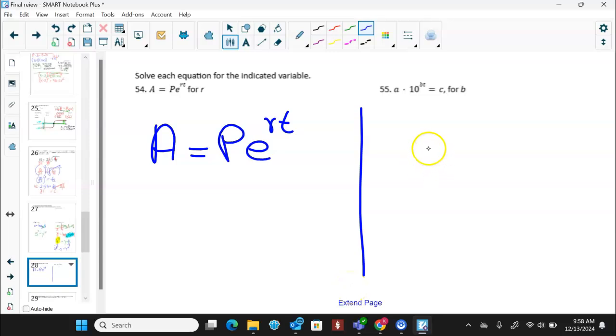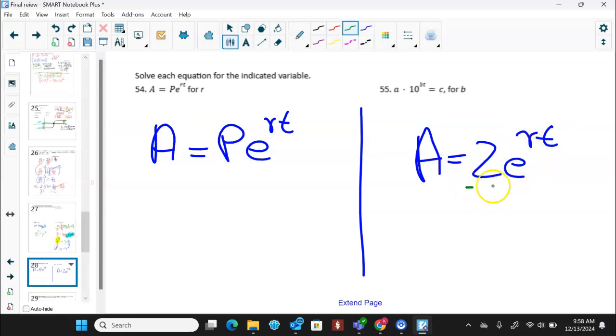Imagine that you have A equals 2 e^(rt), like this, okay? So what would you do here to leave the e by itself? Because e, it's an exponential function. You would divide it by 2, correct?